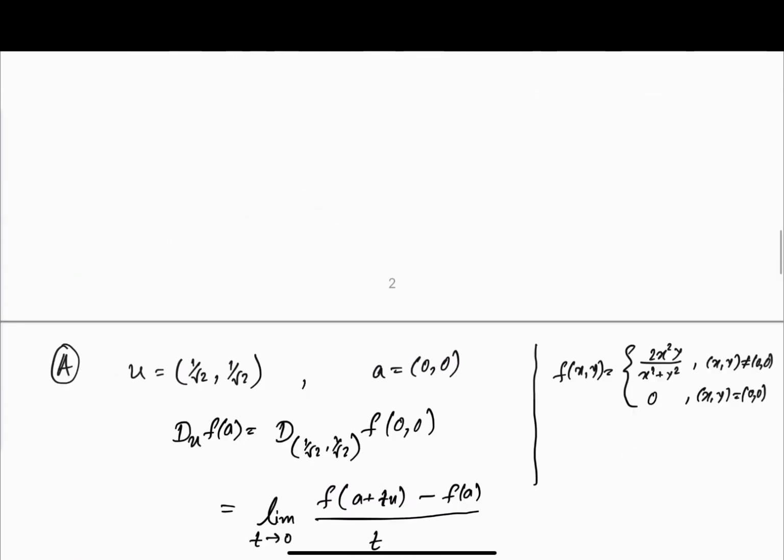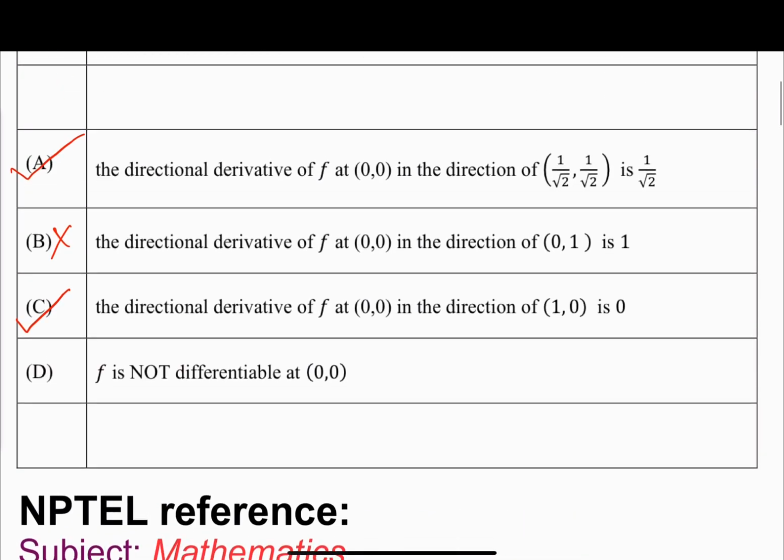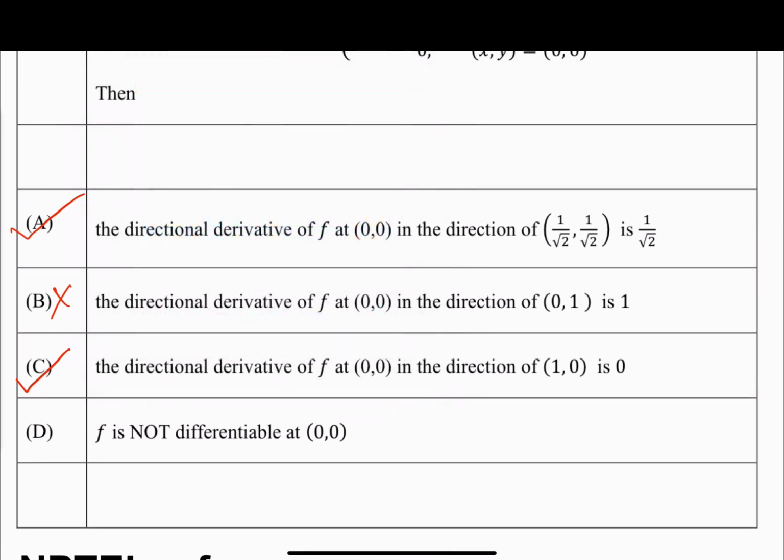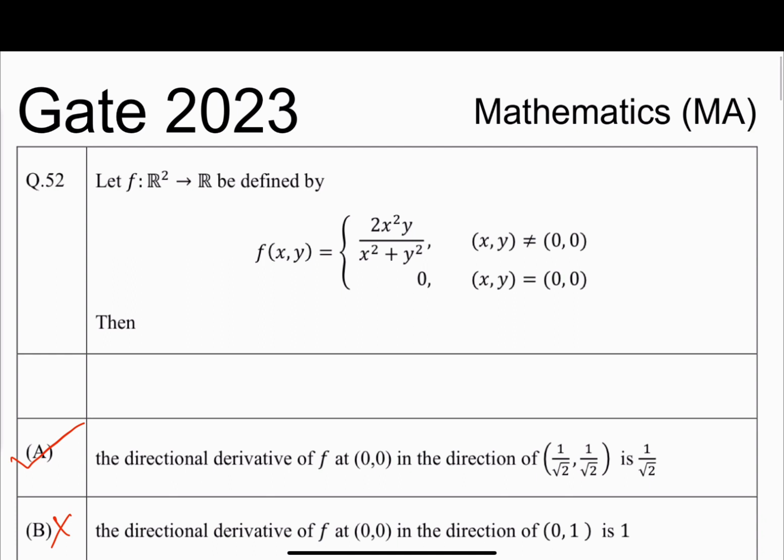So what we've got: option number D is correct. So here A, C, D are correct, B is false. Okay, so question number 52 is done. Okay, let's stop. Bye.